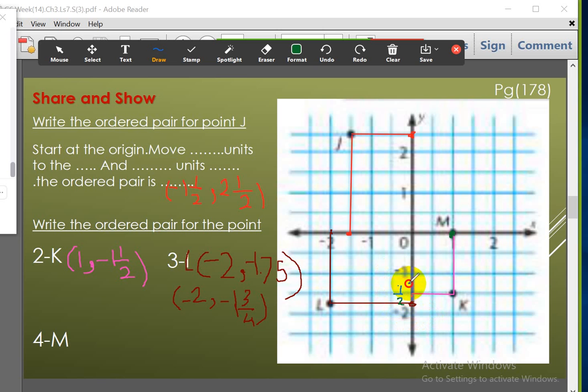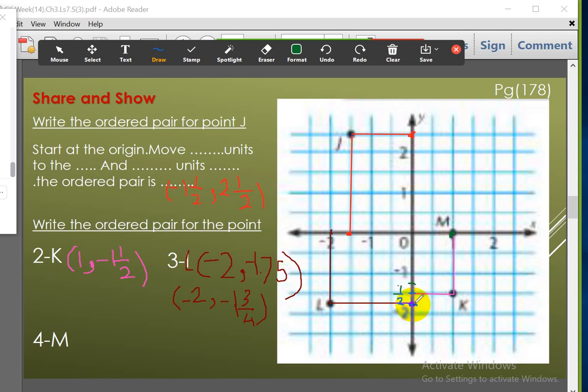If you divide the distance between negative 2 and negative 1 into four equal pieces, count: this is negative 1, this is 1 over 4, 2 over 4, 3 over 4.